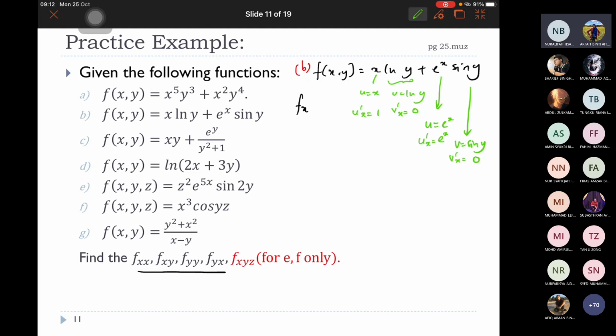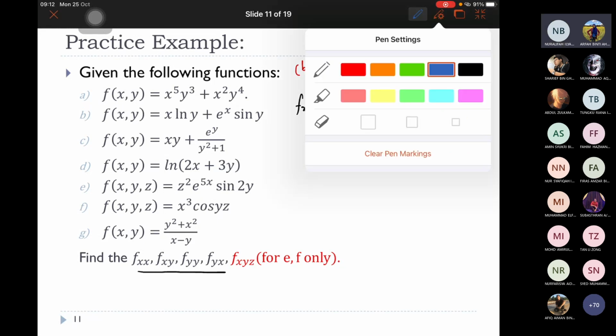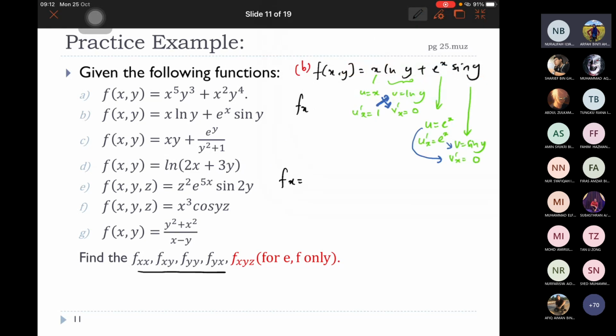Then kita akan darab silang. So partial derivative with respect to x akan sama dengan ln y, okay, tambah exponential x sin y.